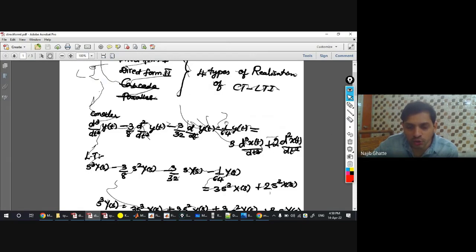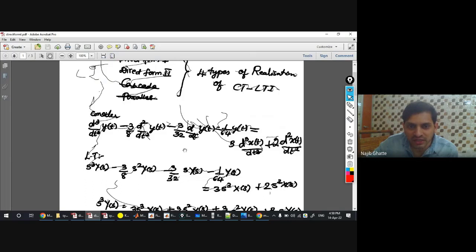Now if you look at the expression, we have y of t on the left hand side, and x of t on the right hand side. As you have rightly predicted, y of t corresponds to output and x of t corresponds to input.